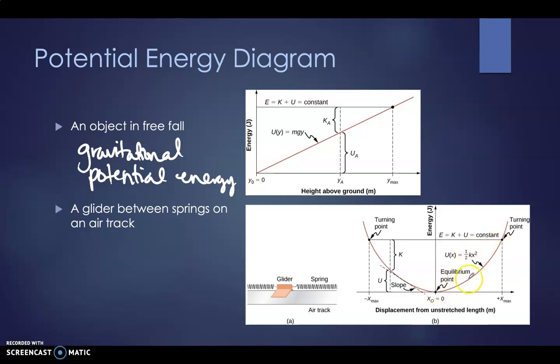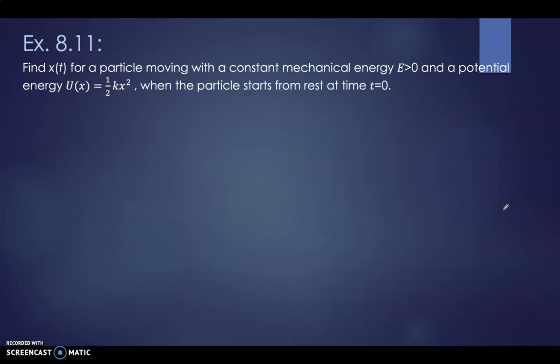So that's the graph equation. All right, so we can go ahead and do an example real quick. Find x of t for a particle moving with a constant mechanical energy and a potential energy, u of x equal to 1/2 kx squared, where the particle starts from rest at time t equals 0. So we want to find some kind of equation to describe that motion, just like we did before.